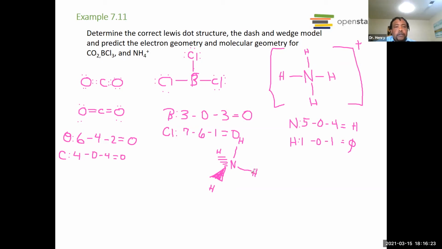So this represents the wedge, and that represents the dash. If you're trying to show something that isn't planar, like tetrahedral, trigonal pyramidal, or octahedral, you're going to have a wedge dash type of structure. Things that are linear or planar, you don't need to do that.